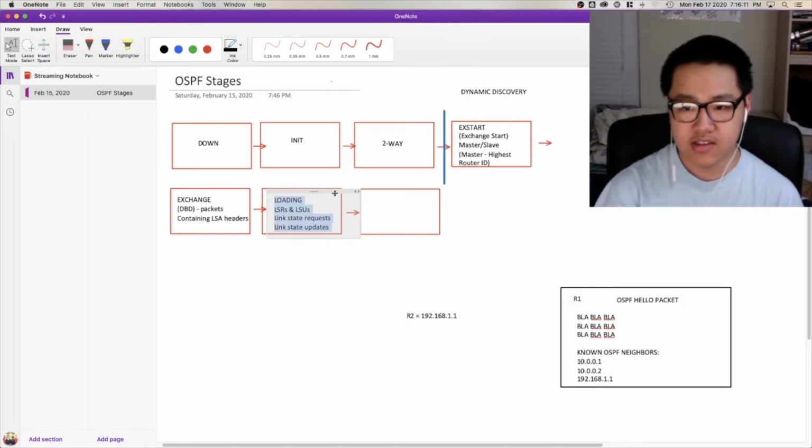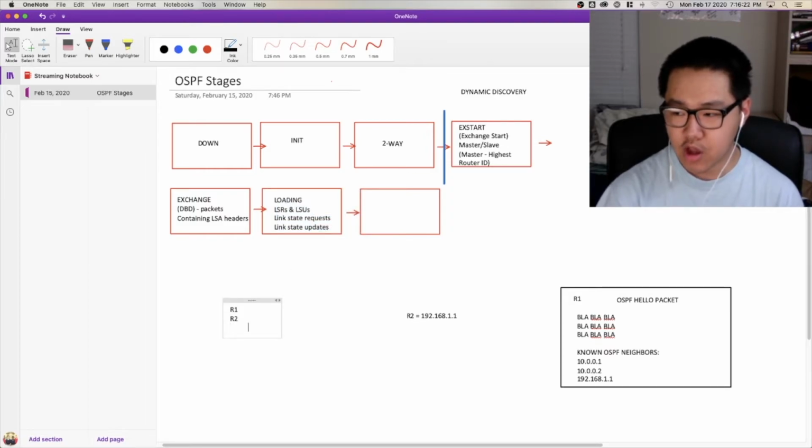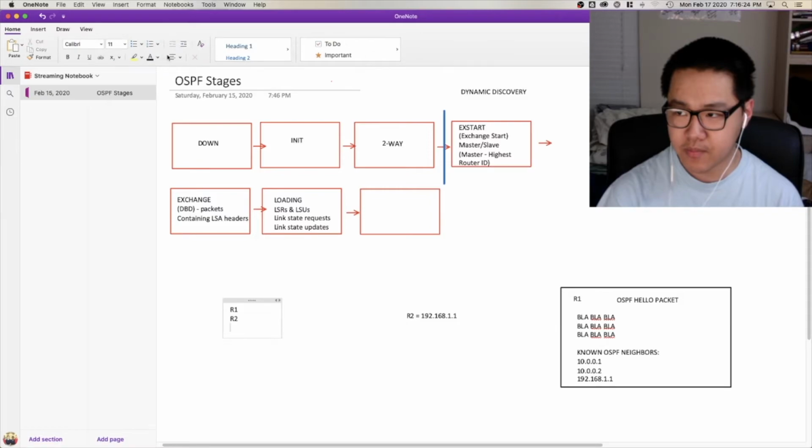So in the loading state, they'll exchange these LSRs, and these LSRs contain requests for routes from the other router. So let's say that between R1 and R2, R2 had 10.0.0.1/32 and R1 doesn't have that route. Well, R1's going to send a link state request to router 2 for 10.0.0.1/32.